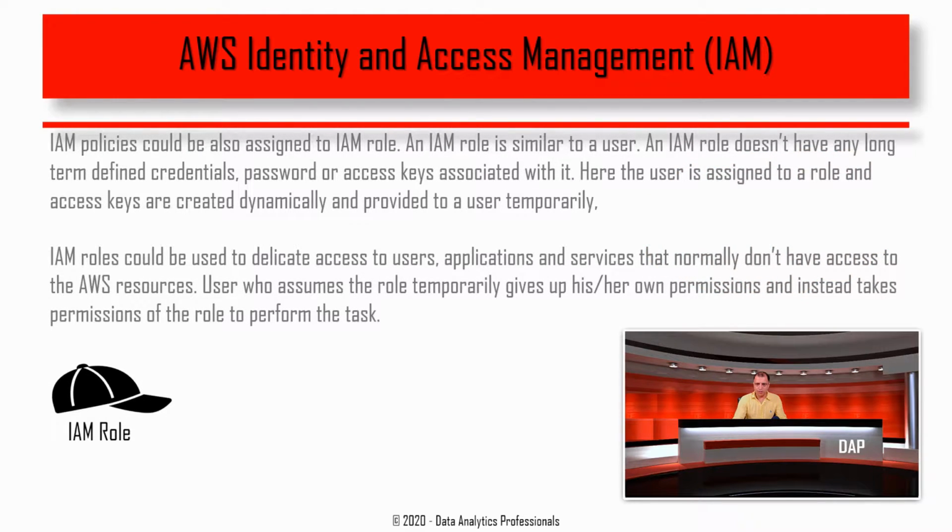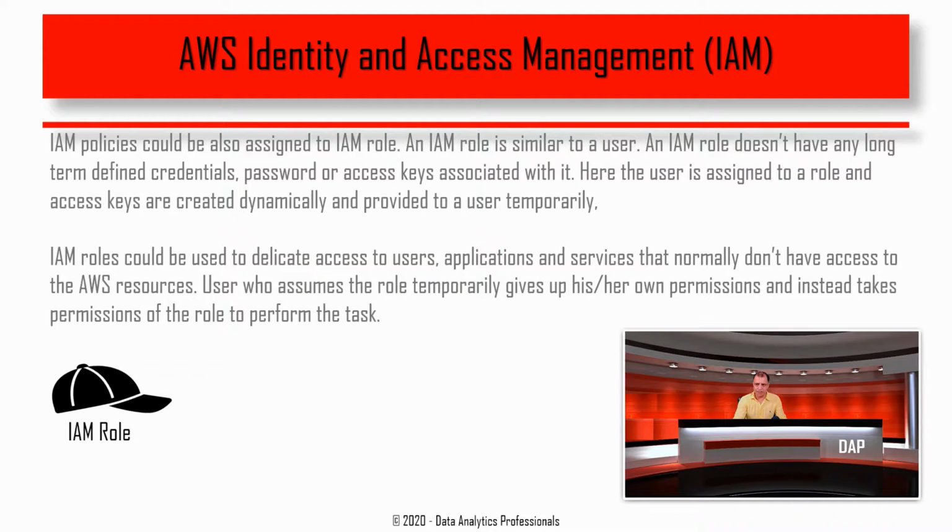We talked about IAM users and IAM groups, and now regarding IAM roles. IAM policies could also be assigned to an IAM role. An IAM role is similar to a user, but it doesn't have any long-term defined credentials, passwords, or access keys associated with it.